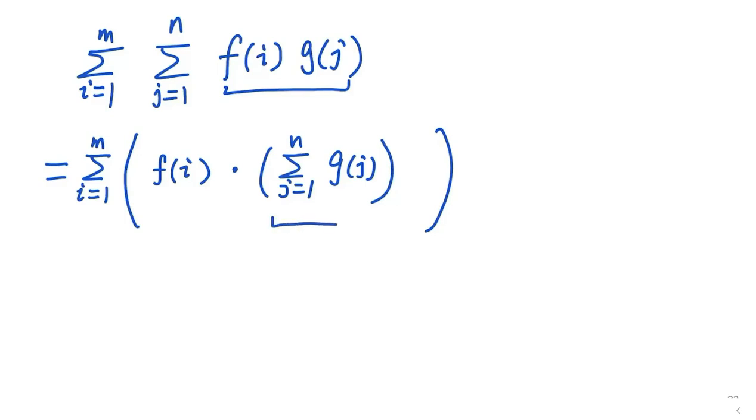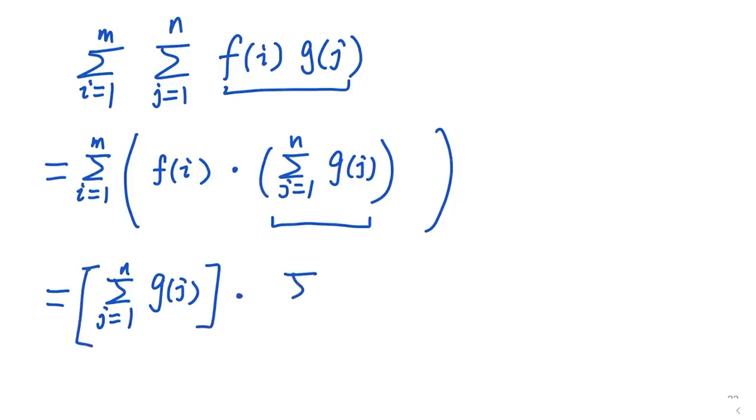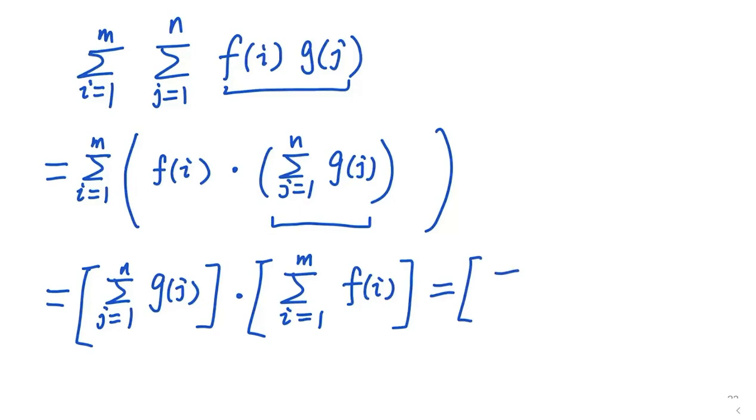Then this is a number which is independent of i, a constant, so we can take this out. And we have the sum over i from 1 to m of f of i, times that constant. Isn't this magical? We can switch the order to make it look better.